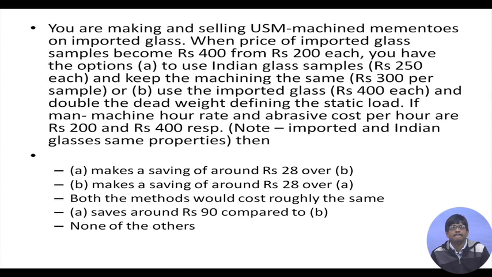Find the... what are we to find? Okay, so we have to choose from these multiple choices. So, if man machine hour rate and abrasive cost together make 600 rupees per hour, then the first one says A makes a saving of rupees 28 over B. A is Indian glass and B is imported glass.